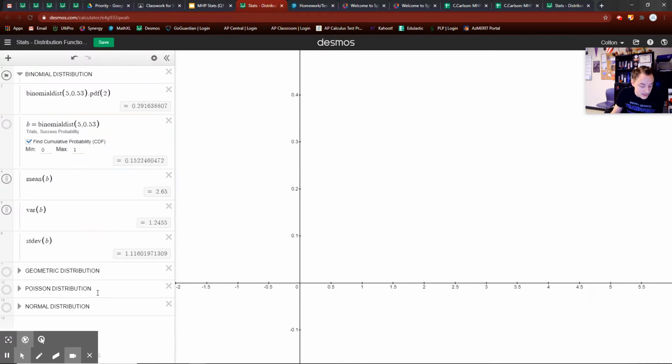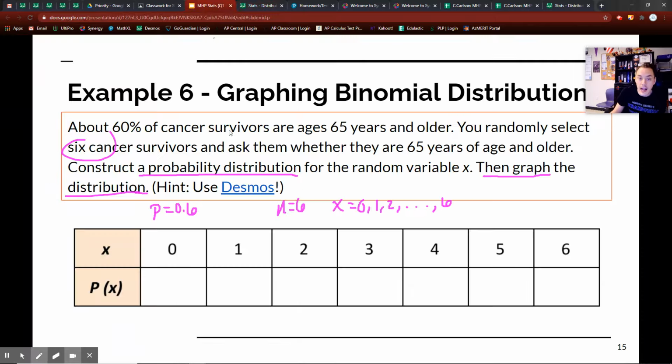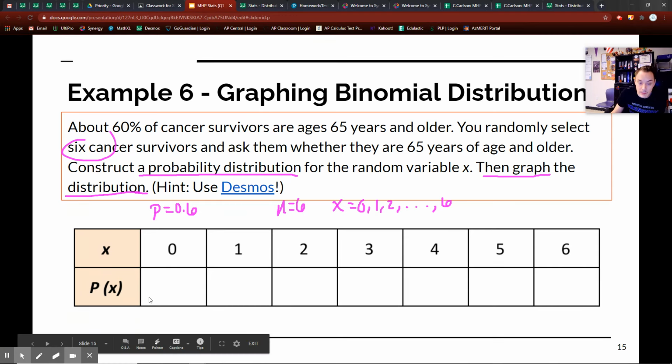Okay, so let's go over here. Now to find 0, I'm going to stay on this graph. To find 0, 1, 2, 3, 4, I literally have to just keep doing this over and over again, which means really what I have here is PDFs. So I want to find probability of 0, probability of 1, probability of 2, probability of 3, probability of 4, probability of 5.